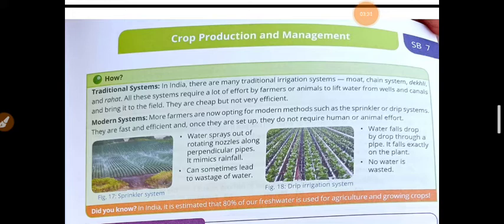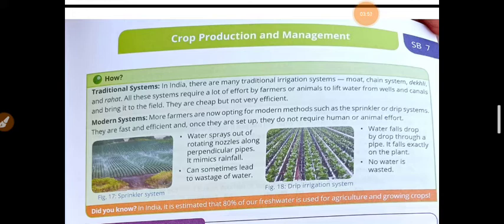These are the systems used by the farmers, in which they have to lift all the water from the wells or canals and bring it to the field on their own. That is cheap but it will not be efficient, it will take a lot of time.